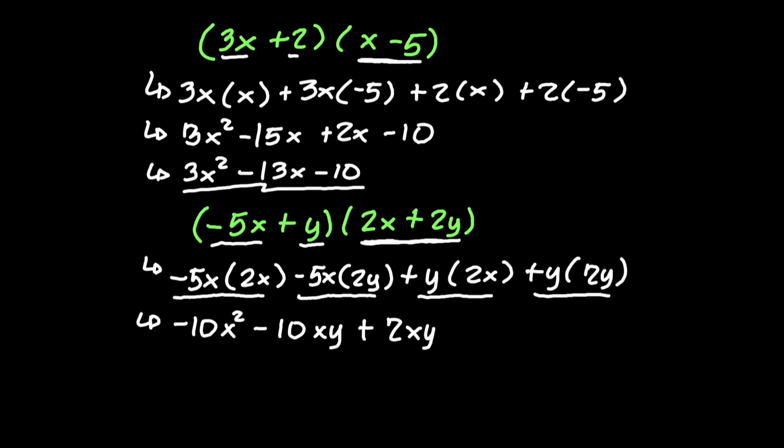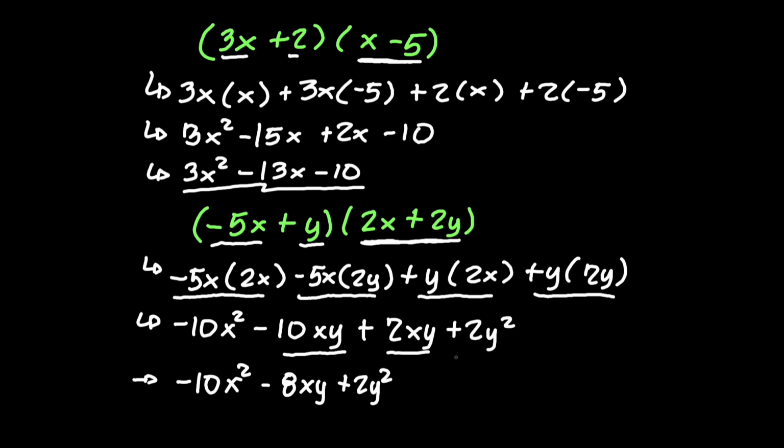And y multiplied by 2y would be 2y squared. Add these common terms because they have the variables x and y. So it would be negative 10x squared. Negative 10 plus 2 would be negative 8xy, plus 2y squared.